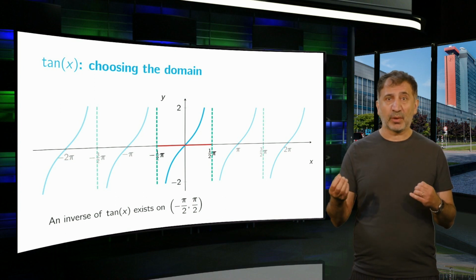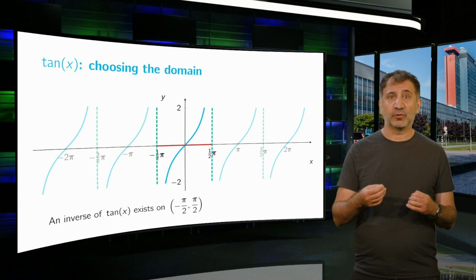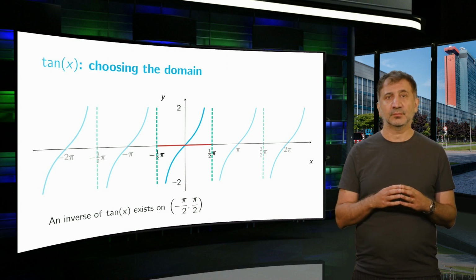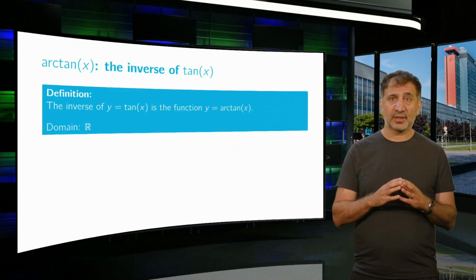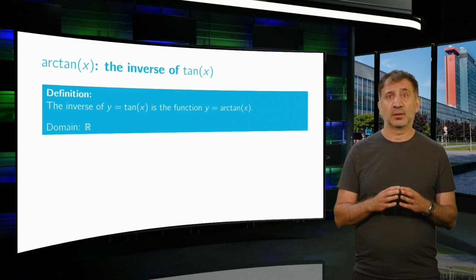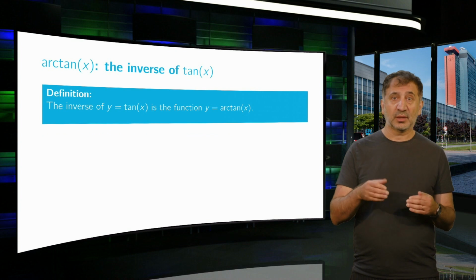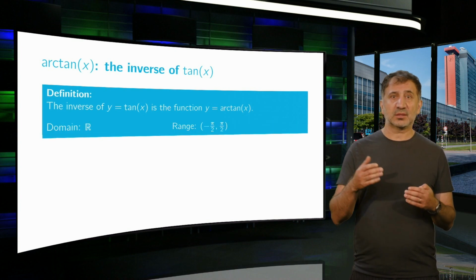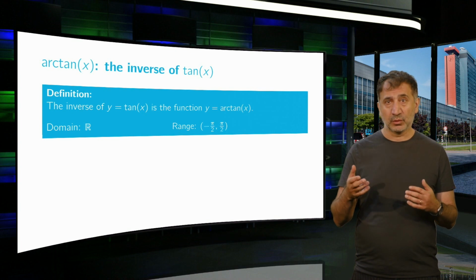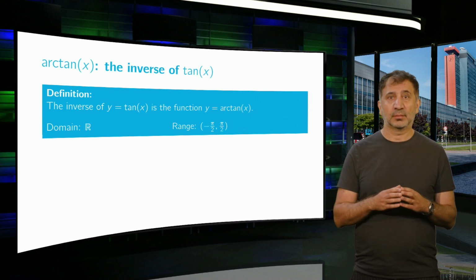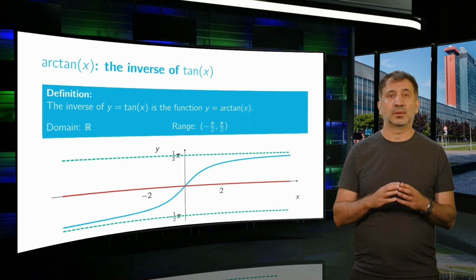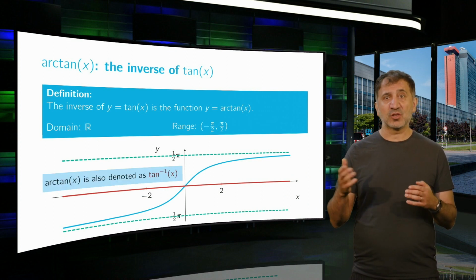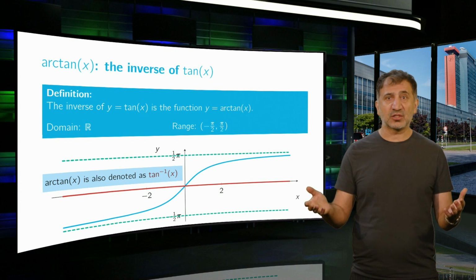There the boundary points +π/2 and -π/2 are part of the domain. The inverse of the tangent is called the arctangent. The domain of the arctangent is the real line. And the range of the arctangent is the interval from -π/2 to +π/2. Here is its graph. Some books use the notation tangent superscript -1 for the inverse of the tangent function.